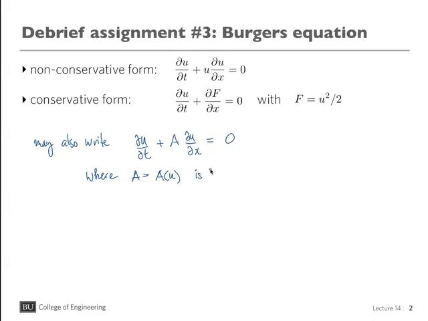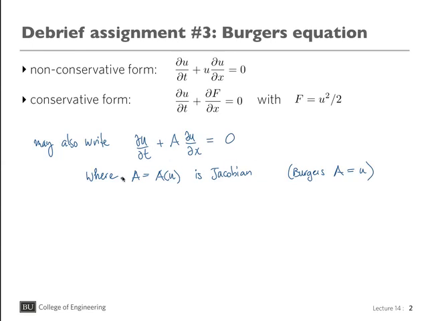So this applies to other equations of this form. For Burger's, of course, it's very simple: the Jacobian is simply equal to u, but we can use the same approach for other equations.